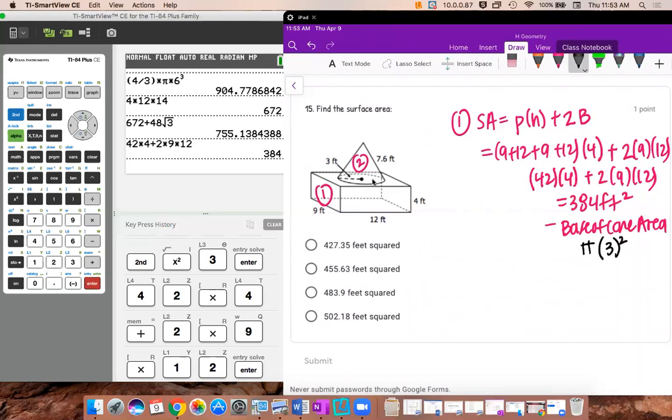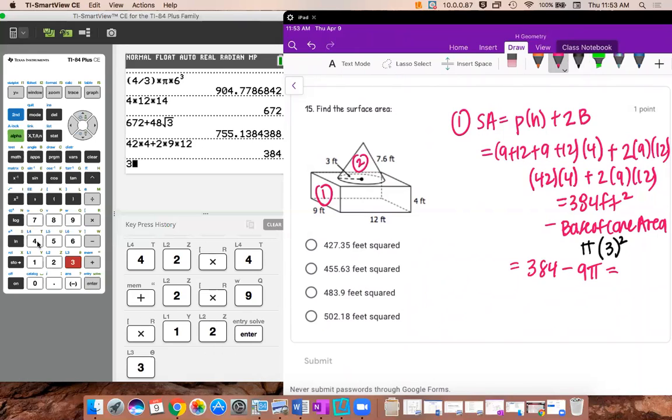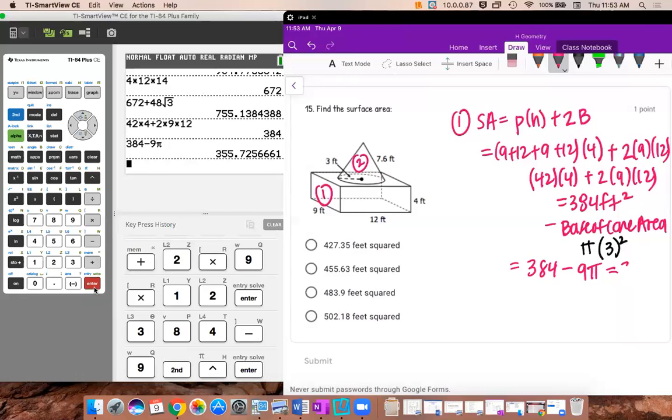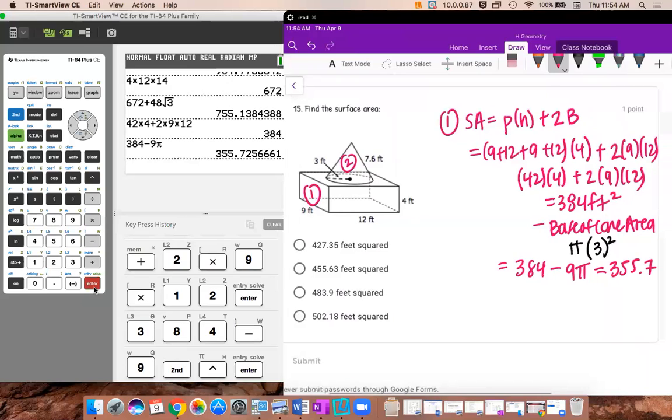So the entire surface area for this number 1 would be 384 minus 9π. If I plug that in, we get 355.73, rounded to 2 decimal places.